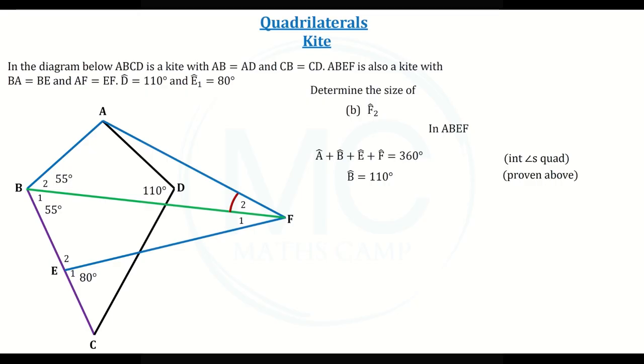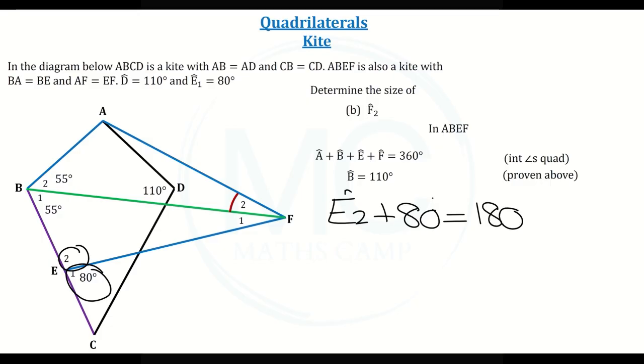From our previous videos, we know that the angle of a straight line is 180 degrees, which means that E2 plus E1, which we know is 80, will give us a total of 180. So we can say angle E2, the value we're looking for, plus E1, which we know is 80 degrees, gives us a total of 180 degrees.